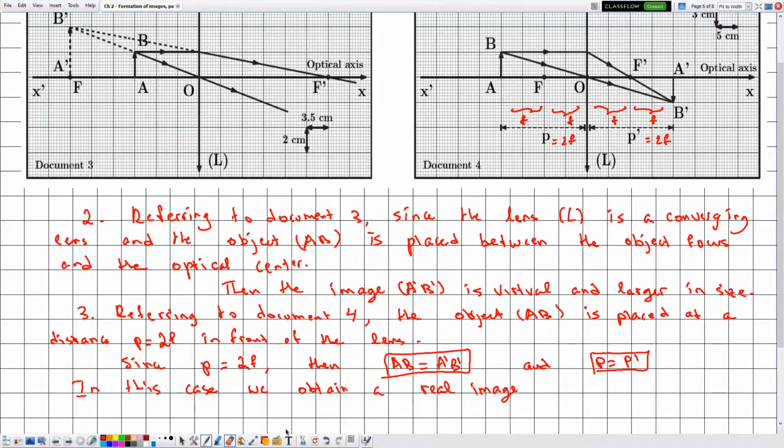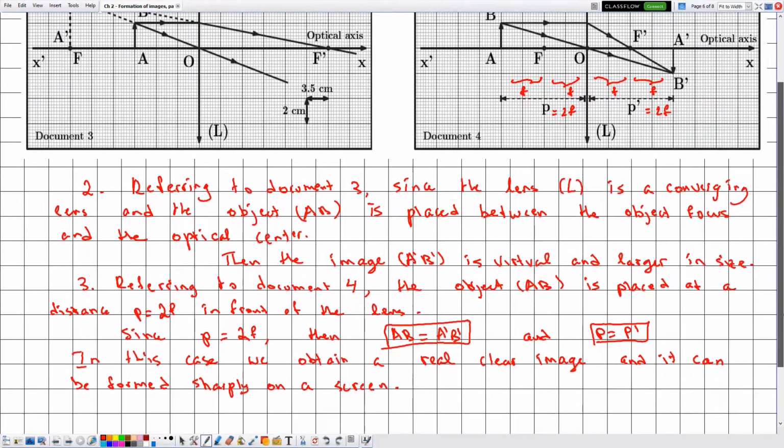Let me write: a real clear image, and it can be formed sharply on a screen. In this case, the screen may be a piece of paper.